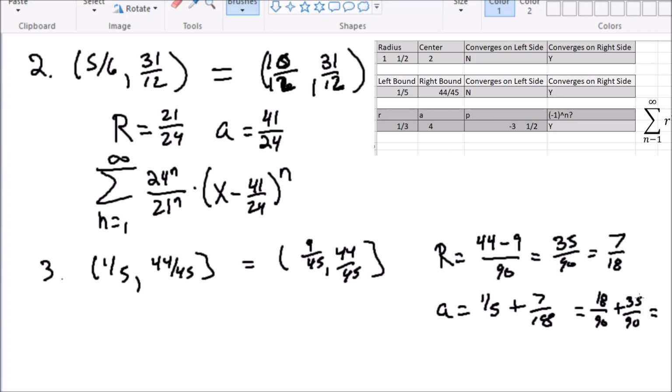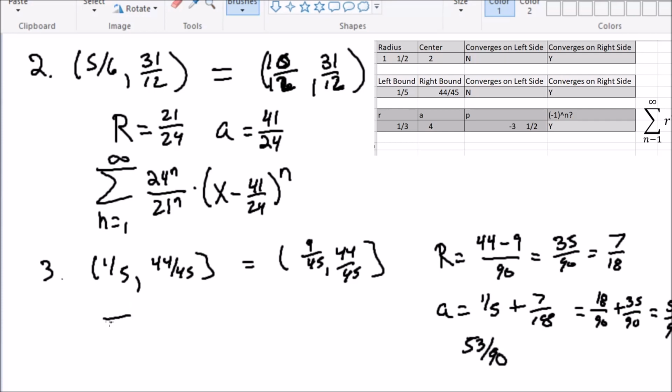Which is 51 over 90. No, 53. That doesn't make any sense. There you go. 53 over 90. Okay. So A is 53 over 90. Radius is 7 over 18.